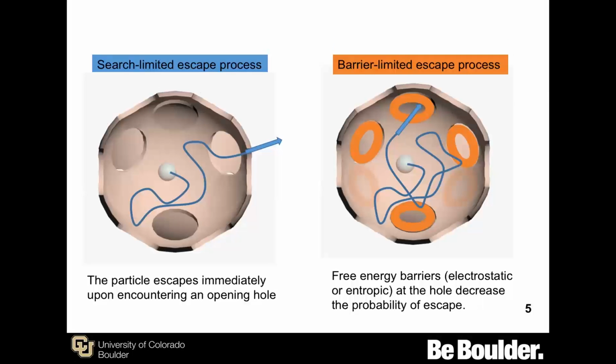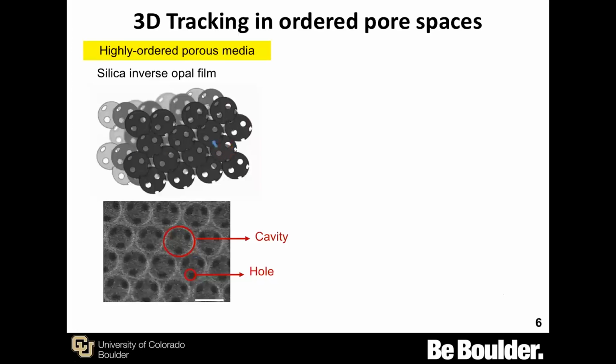So in order to quantitatively study this, we want to find a very good model system. Here I'm using a highly ordered porous medium, which is silicon inverse opal film. I want to use this one because it's a very quantitative study model.